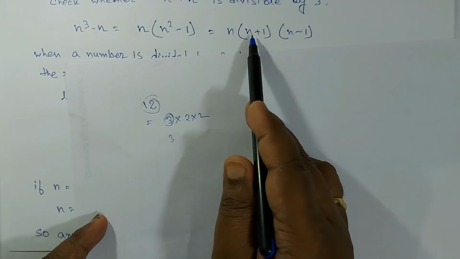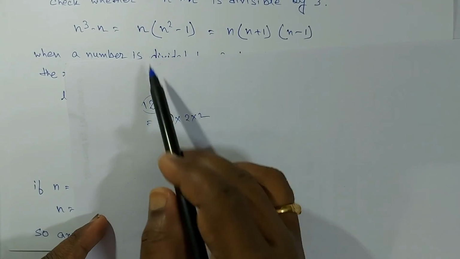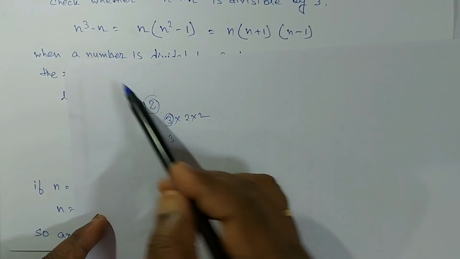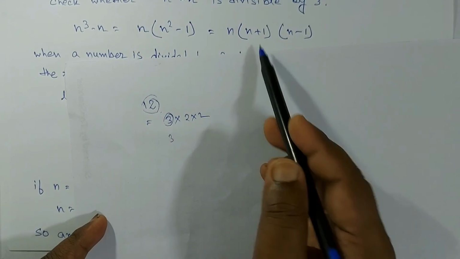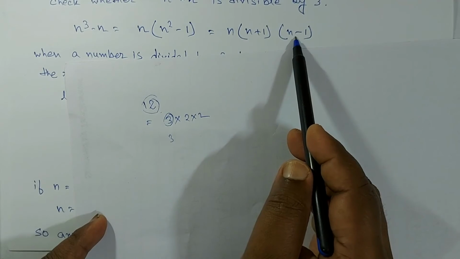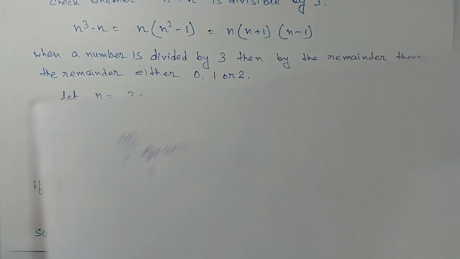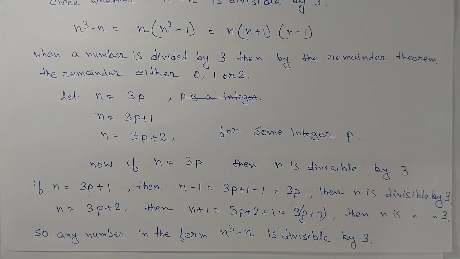Like here also, in n into n plus 1 into n minus 1, if n is divisible by 3, then n cube minus n is also divisible by 3. If n plus 1 is divisible by 3, that means also this. If n minus 1 is divisible by 3, that means also this. So any number in the form n cube minus n is divisible by 3.